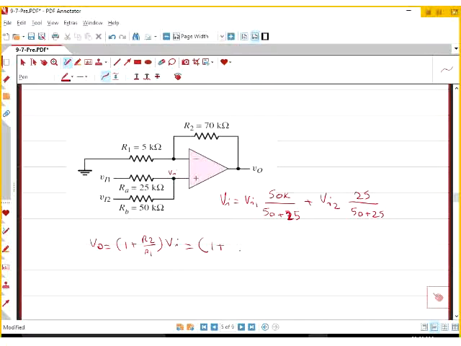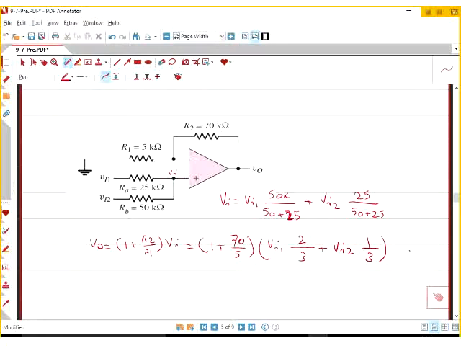So 1 plus 70 divided by 5 multiplied by VI, and the VI is VI1 times 50 divided by 50 plus 25, which is 2 over 3, plus VI2 times 1/3. That's your answer, right? It's a non-inverting, so you don't have any phase shift problems, or that negative sign is going to go away. You got the same number?